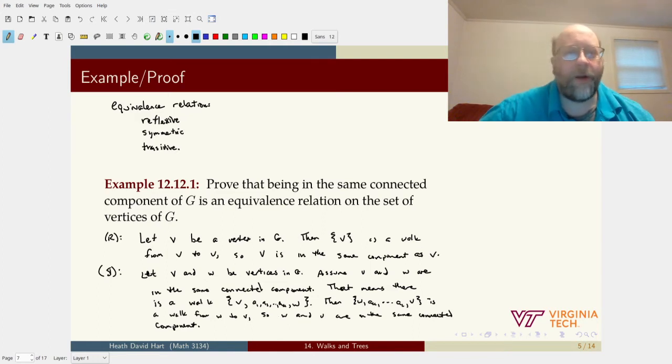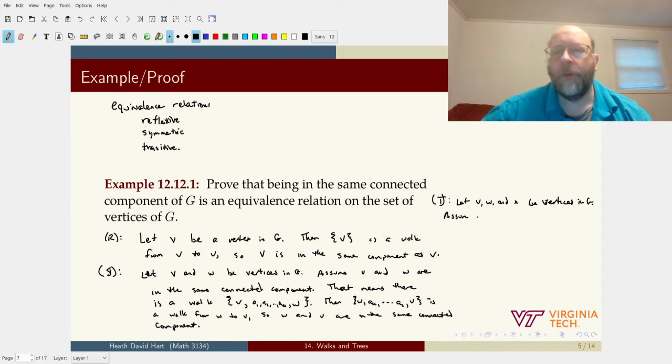All right, I'm running out of space here, but let's see if we can fit transitive in over here. Let V, W, and X be vertices in G. And we're going to assume V and W are in the same component, and W and X are in the same component.